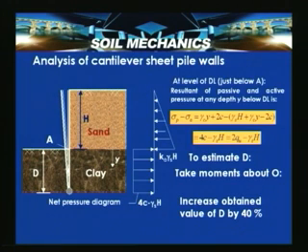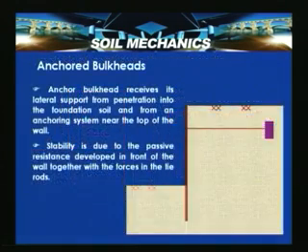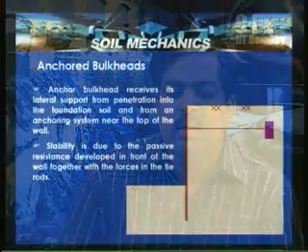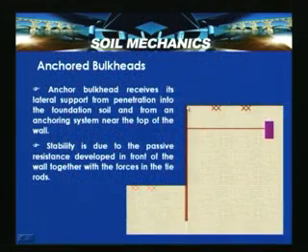So this is a case of analysis of cantilever sheet pile walls in a sandy and a clayey soil. Now let us look into how we can design anchored bulkheads. We said that these anchored bulkheads are possible when you have wall heights of more than 5 or 6 meters. In such situations, these anchored bulkheads can be provided with a tie rod and a deadman anchor.